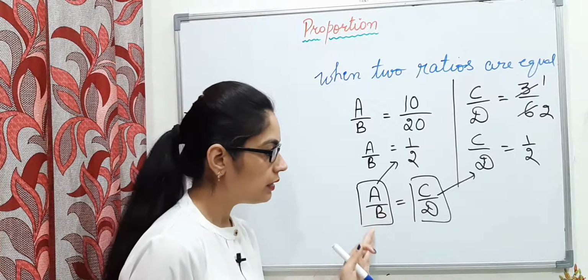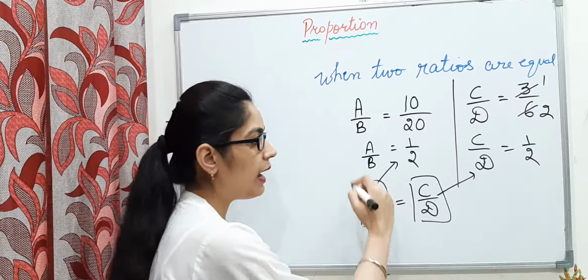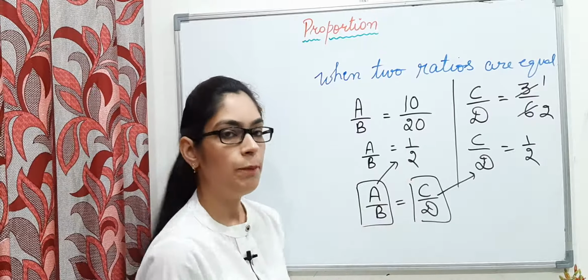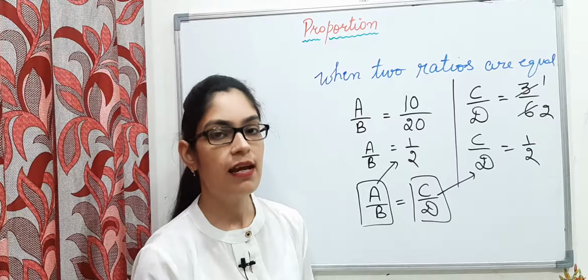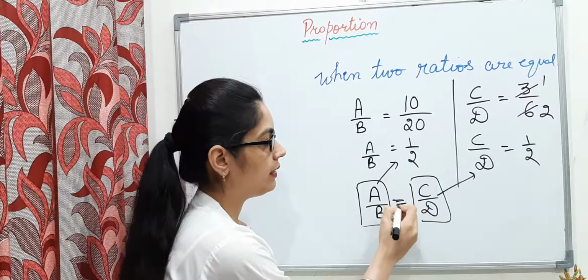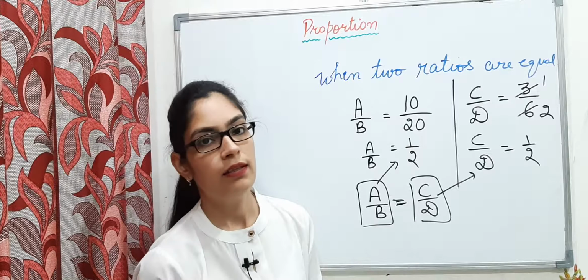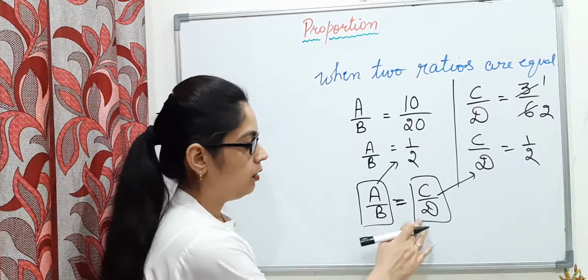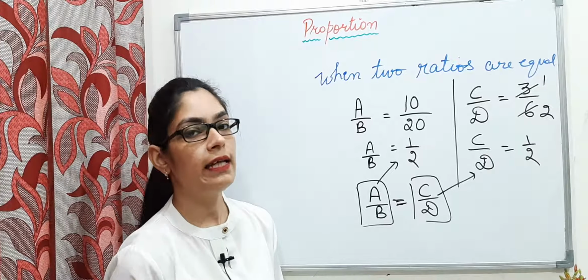So both are different but their ratios are equal. Separately they can be different quantities with different units, but their ratio is equal. That is why they are proportional to each other. So four quantities are there when we take proportion.